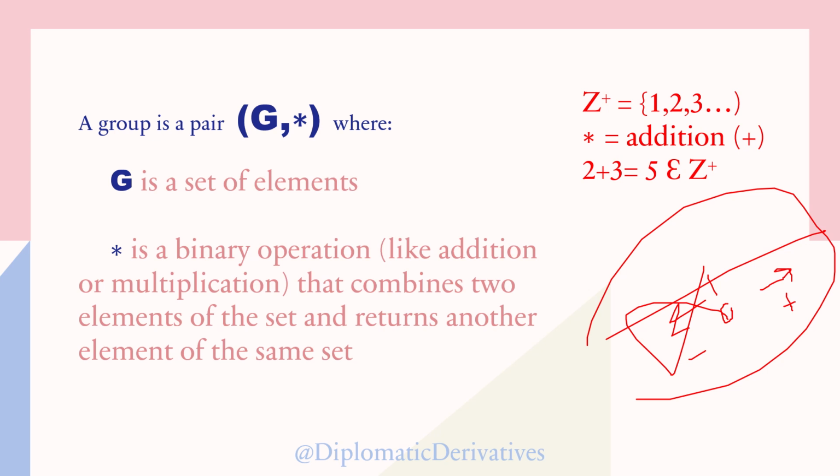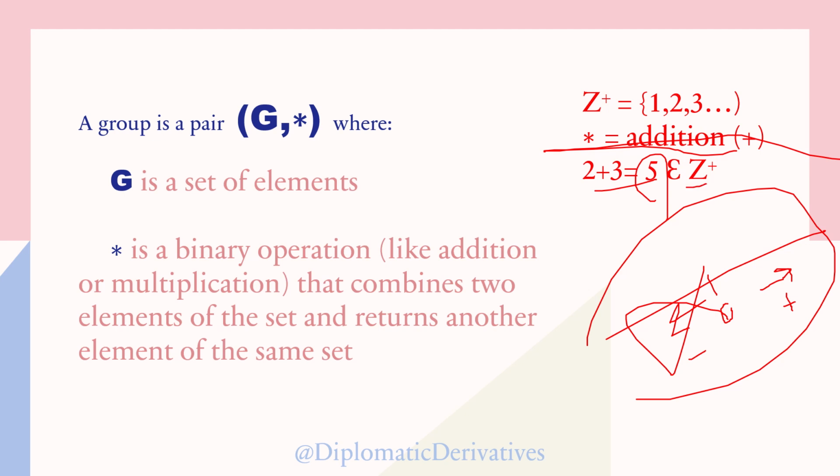Now on this there is an operation which we are applying, and that operation is addition. So we apply addition on this positive integers set. For example, we take 2 and we take 3, so 2 plus 3 is going to give us 5. This answer, 5, is an element of Z plus, obviously because it's a positive integer.